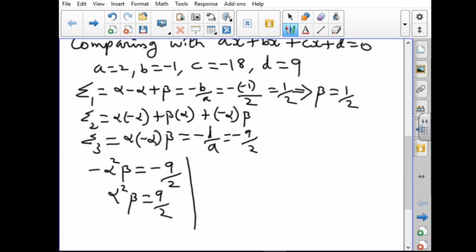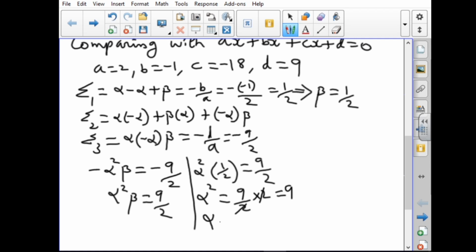Now substitute for beta: alpha square into 1 by 2 is equal to 9 by 2. So alpha square is equal to 9 by 2 into 2, where the 2 gets cancelled, which gives 9. So alpha is equal to plus or minus 3.